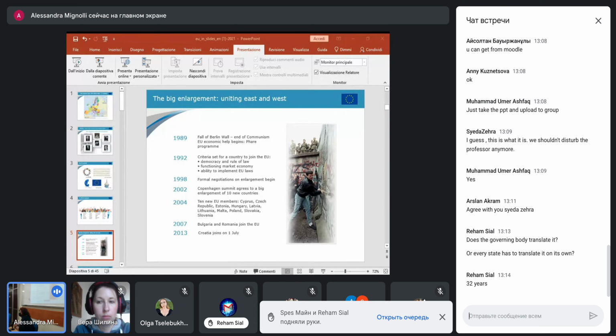And we are talking about the states that were, let's go back to the map. Where is the map? Here.